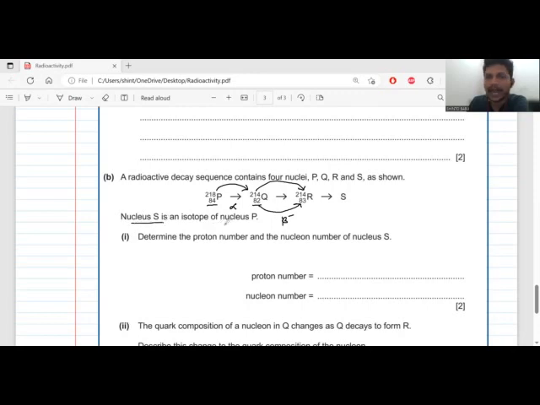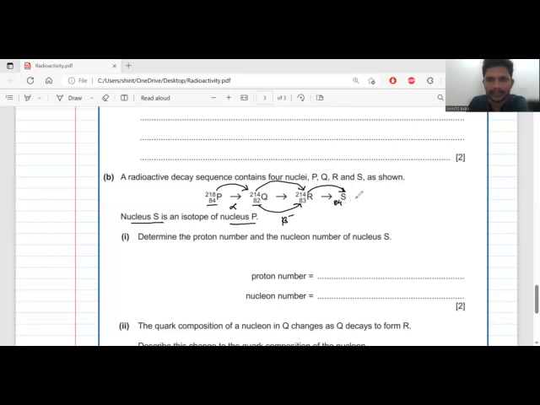Nucleus S is an isotope of nucleus P. So isotope means that it has to have the same atomic number as that of P. So this has to be 84. Now, mass number has to be the same as that of R. Have they mentioned it?